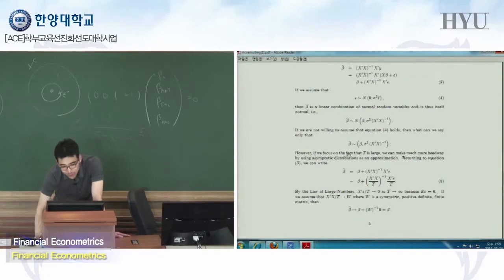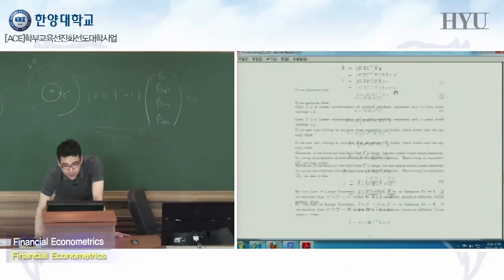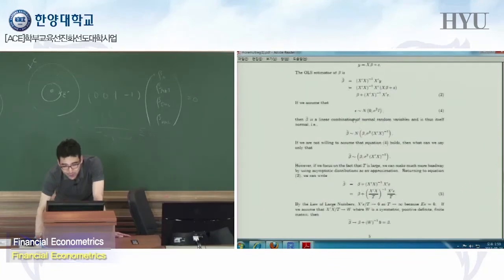However, if we focus on the fact that T is large, it means that if T, our number of data, is large, we can make much more headway by using the asymptotic distribution as an approximation. Returning to equation 3, beta hat equals beta plus (x prime x) inverse x prime epsilon.